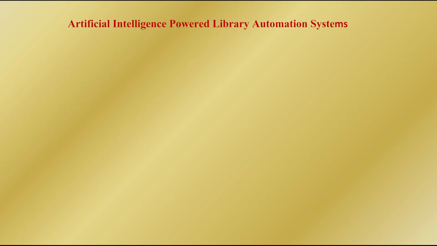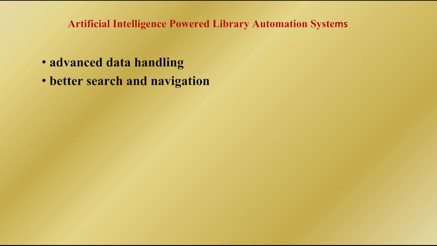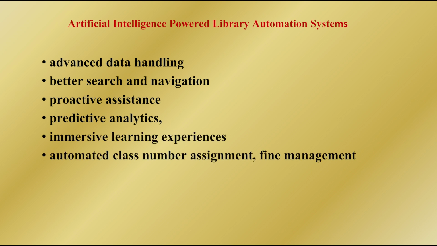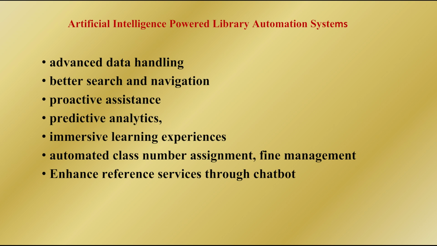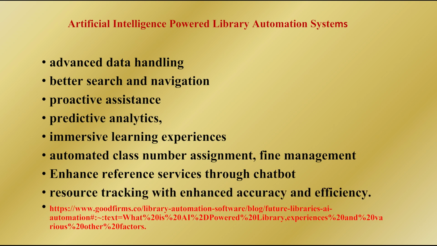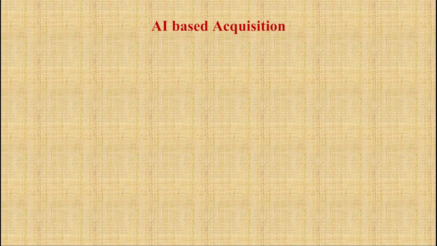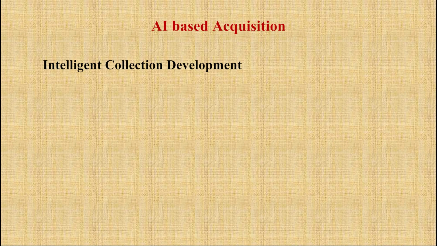Artificial intelligence powered library automated systems may help in advanced data handling, better search and navigation, proactive assistance, predictive analysis, immersive learning experiences, automated class number assignment, enhancement of reference service through chatbots, resource tracking with enhanced accuracy and efficiency. So AI-based acquisition, intelligent collection development.